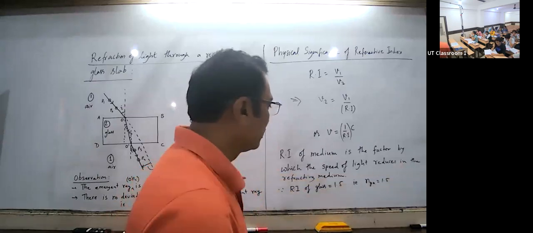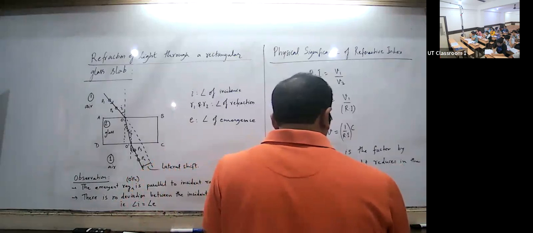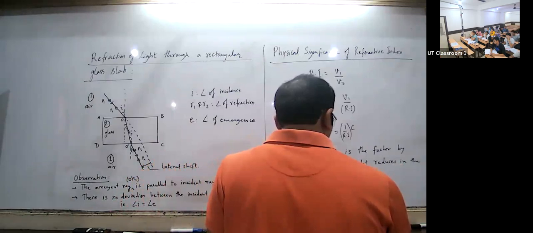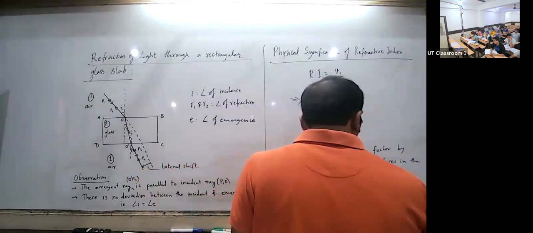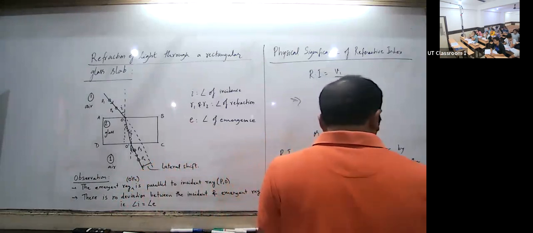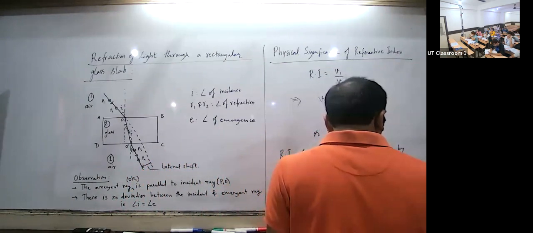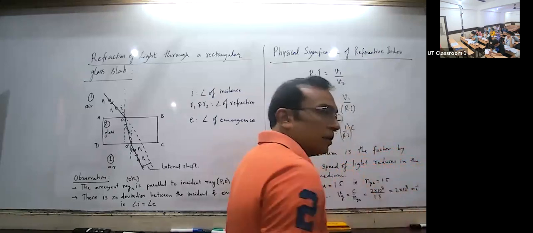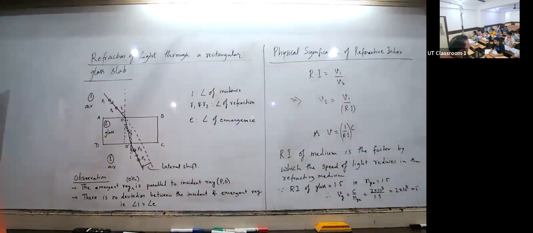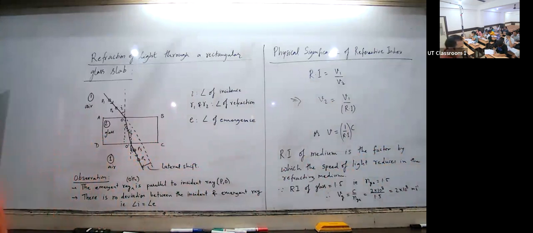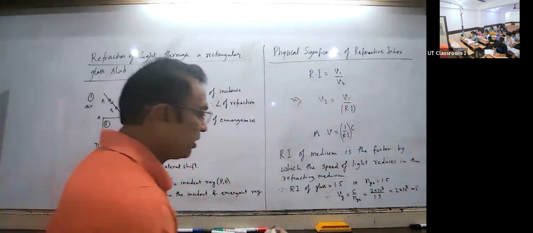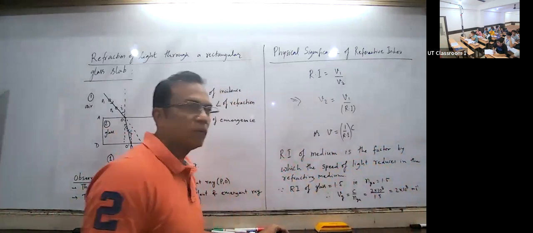It is 1.5. So what is the velocity of light in glass? This is equal to c by n_GA, which is 3 into 10 raised to 8 divided by 1.5. So 2 into 10 raised to 8 is what you get. This is the speed of light in glass, whereas here it was 3. So how much did it get reduced? 1 by 1.5 times.